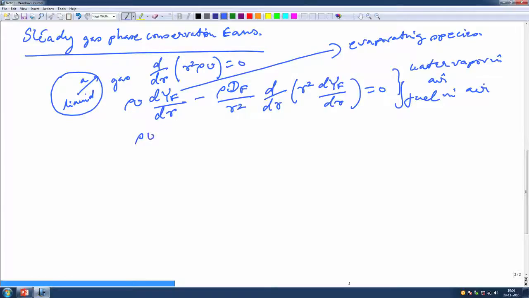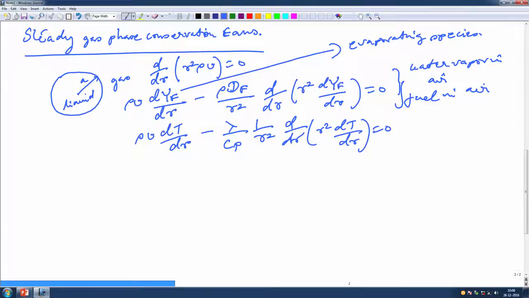Now, we can write the temperature form also. Okay. So, that is basically the energy equation. All of these are written in the gas phase, remember we are writing nothing in the liquid phase, and as I said in the last class, the liquid is always single component.